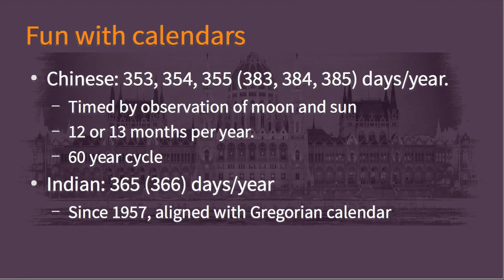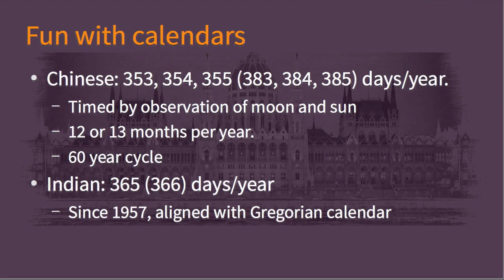More calendars. There's a Chinese traditional calendar, which was timed by observation of the moon and sun. It had, interestingly, the same number of days per year as the Hebrew calendar, and the same concept of an extra month thrown in when you need to align with the solar cycle. And there's a 60-year super cycle that this calendar is aligned along.